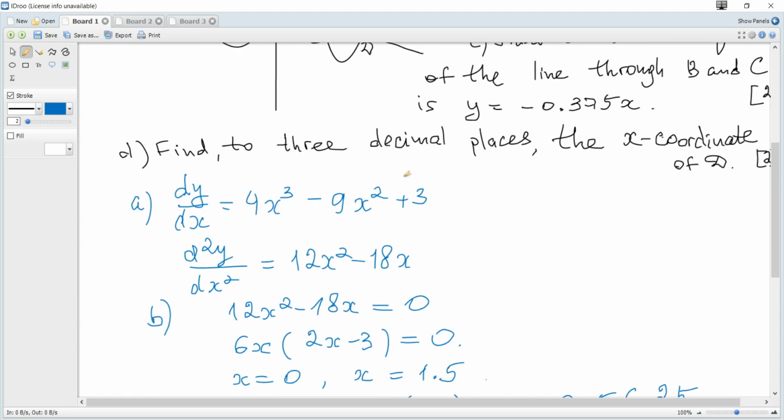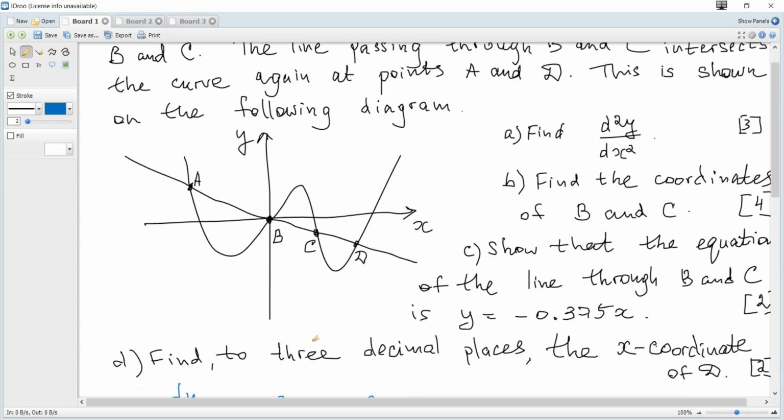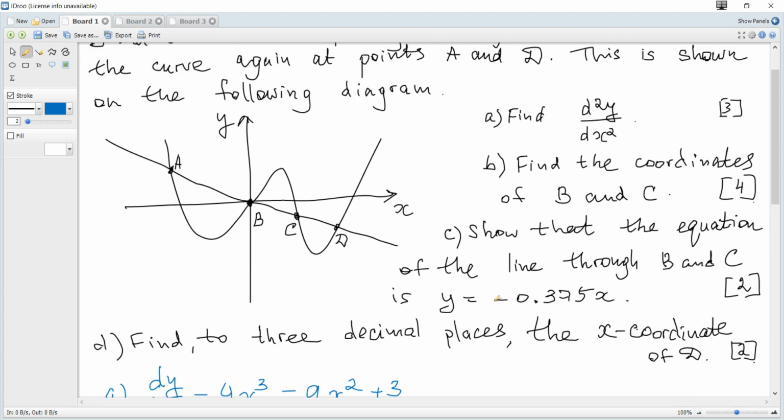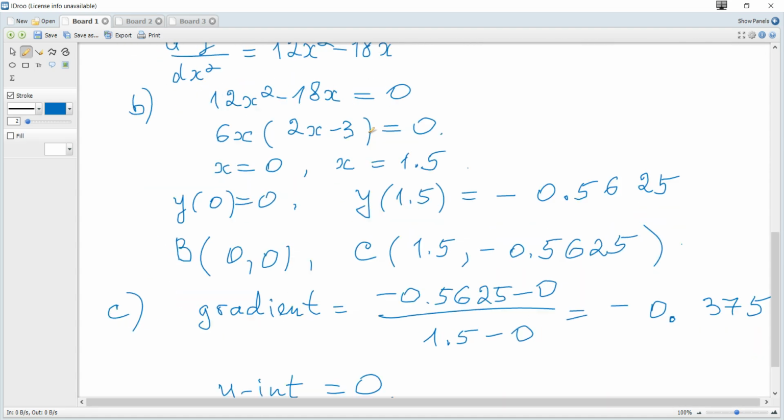And how to find a point of intersection? We should consider simultaneous equations. One is the equation of the curve, y is x to the power 4 minus 3x cubed plus 3x, together with the equation of the line. Since both equal y, we can just equate the expressions.